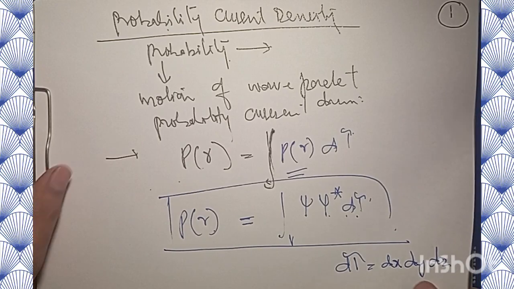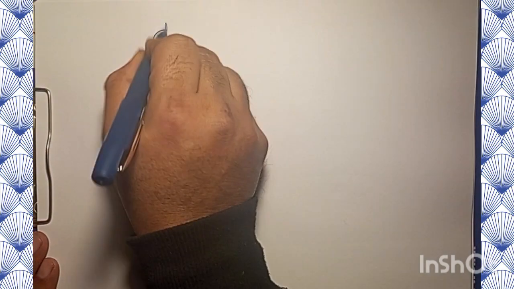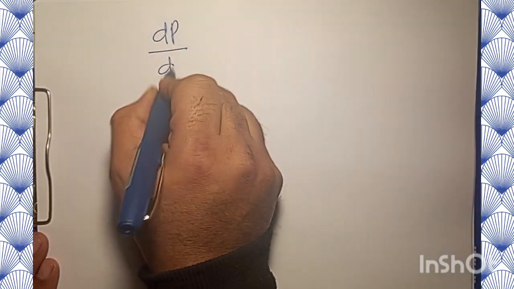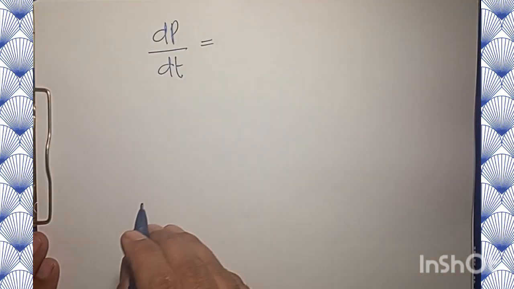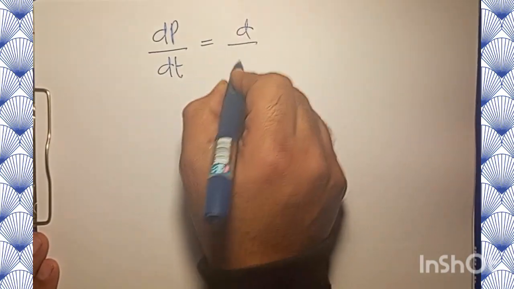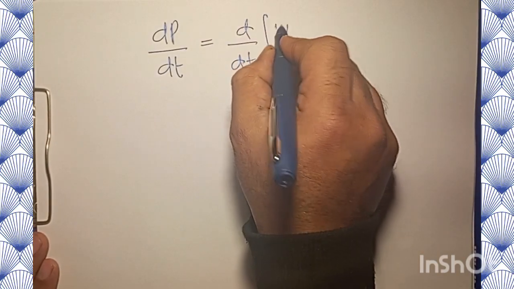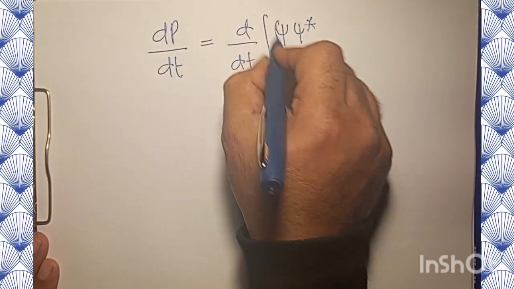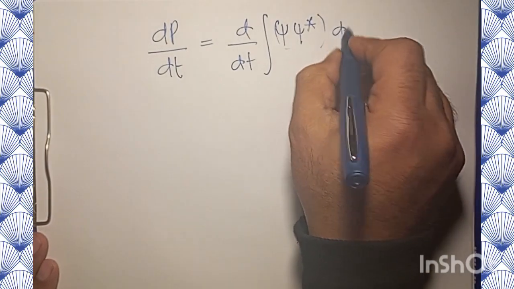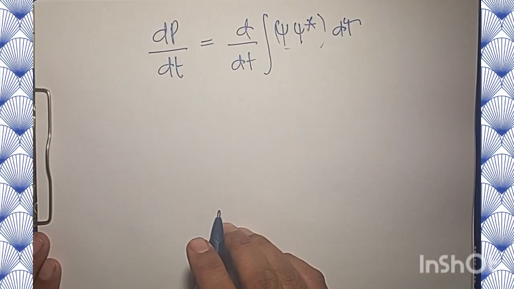So what I should do is write down the rate of change of this probability as dP by dt, which is d by dt of integral psi star psi d tau. That should be the case.